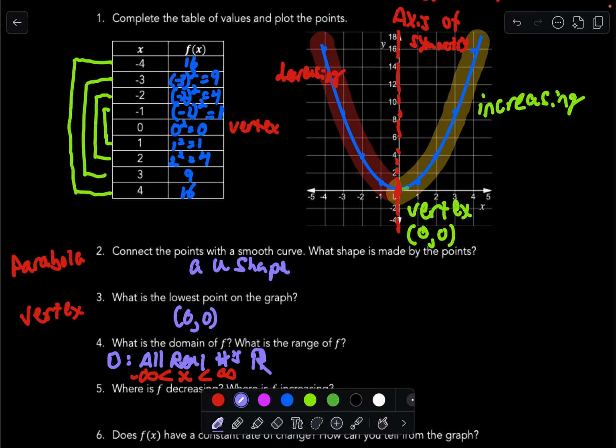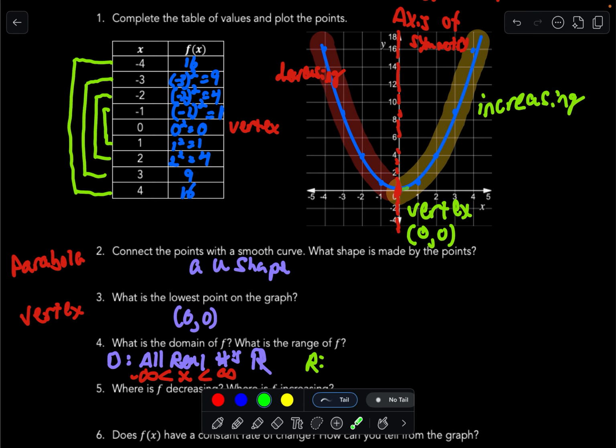Well, the range does happen to be restricted. The range is the output, as it always has been. And you can see as we move up that the beginning of the graph is right here at the vertex location 0 for y, and then the graph is only above the x-axis, or only positive values of y.